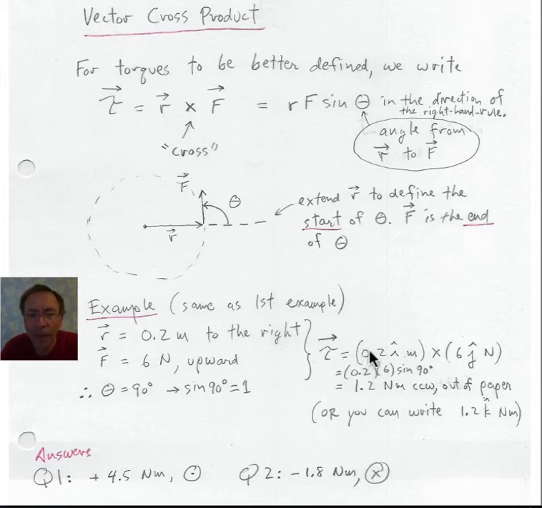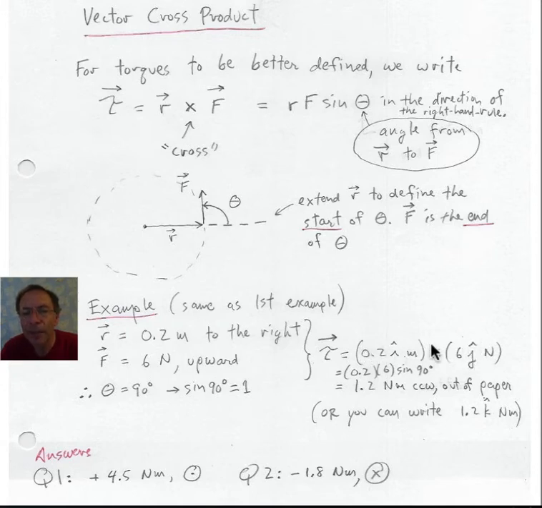Now, I wrote here in some more detail the process. 0.2 meters to the right is 0.2 times the i hat vector, which points to the right. And then the force is 6 j hat newtons, and the j hat vector points up.